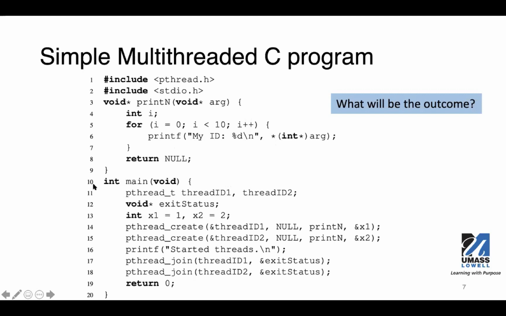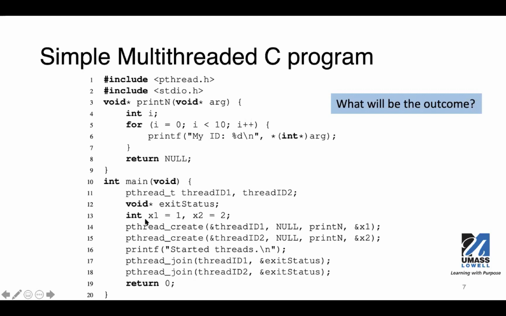Then from line 10 to line 20, we have the main function. In the main function, we use pthread_t, the pthread type that's declared in pthread.h. We have two variables, thread ID1 and thread ID2, and a pointer called exit status.